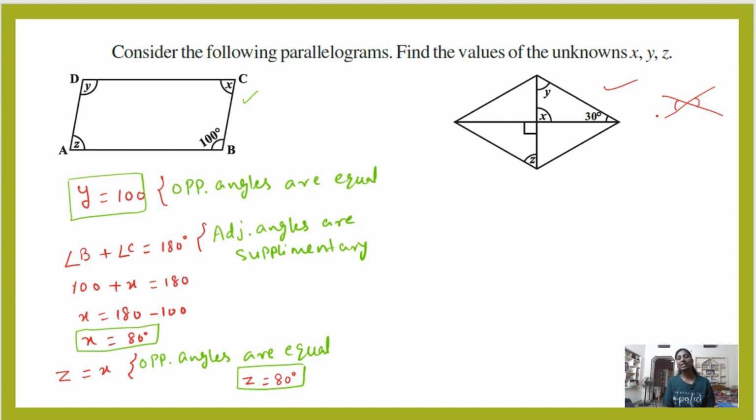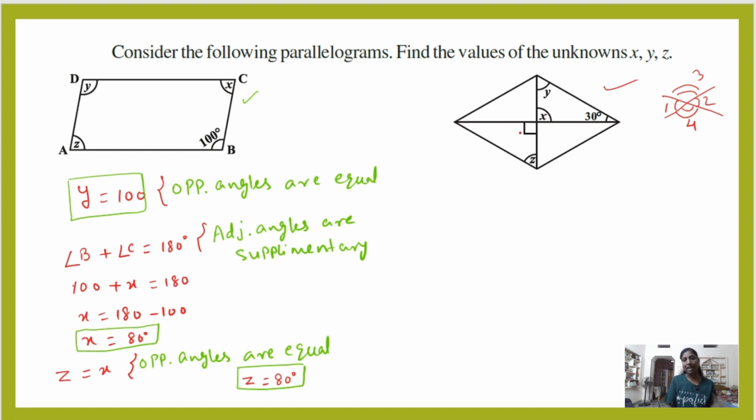If two lines intersect each other, four angles are formed. This is angle 1, this is angle 2. These are vertically opposite angles, and this is angle 3 and this is angle 4. These are also vertically opposite angles and they are equal.